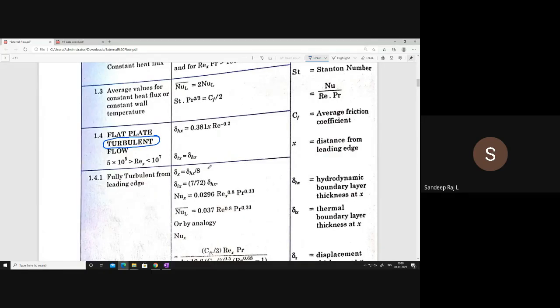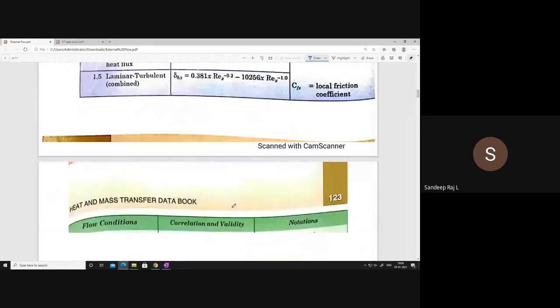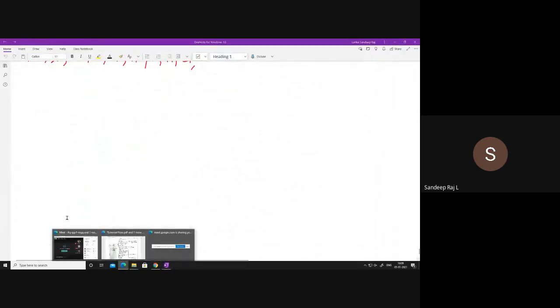We have also made use of these formulas, this one, and this one also. So this is what we have done, and let's solve a few more problems today that will help us use the remaining formulas also. So let me move to our Google Doc.